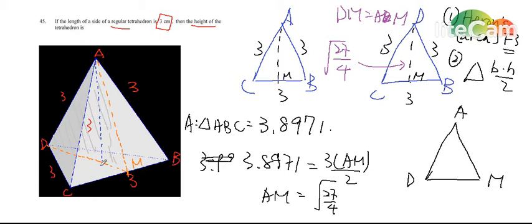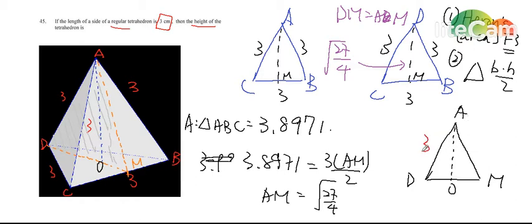And here we may have O. This one is O. We need to find the height, which is AO. We firstly mark down the length of each of the sides of the triangle.